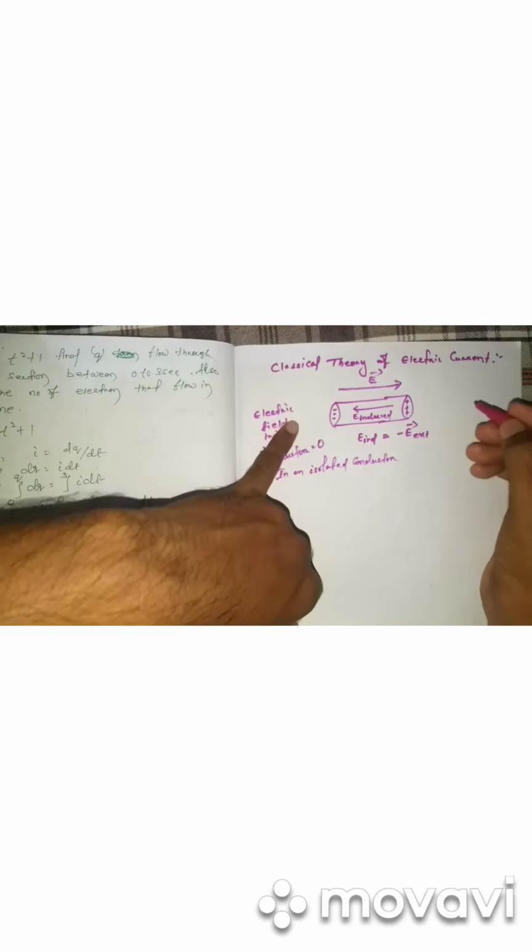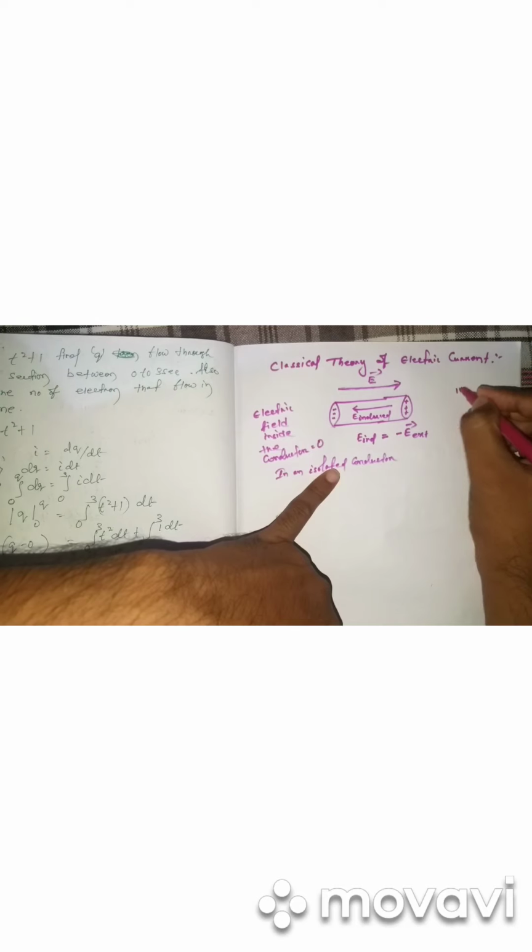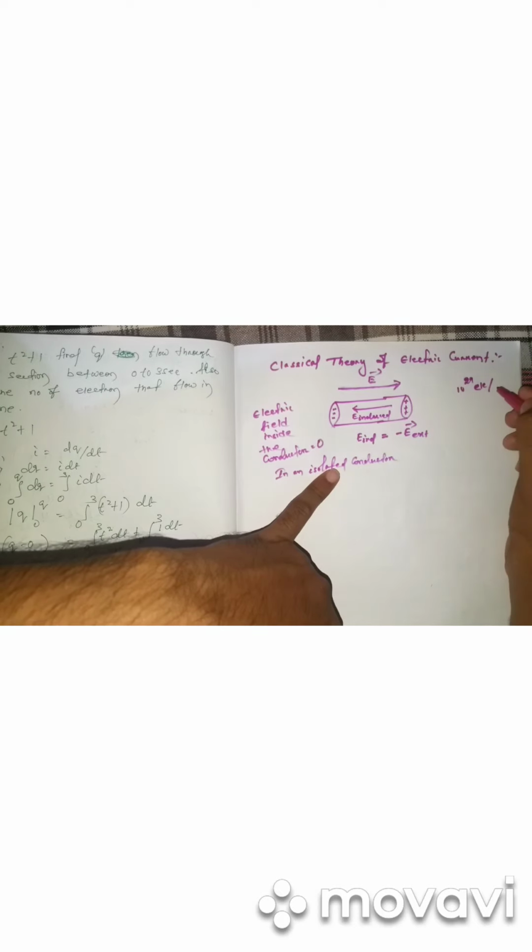In each cubic meter it has 10 to power 29 electrons. Okay, 10 to power 29 electrons per cubic meter.